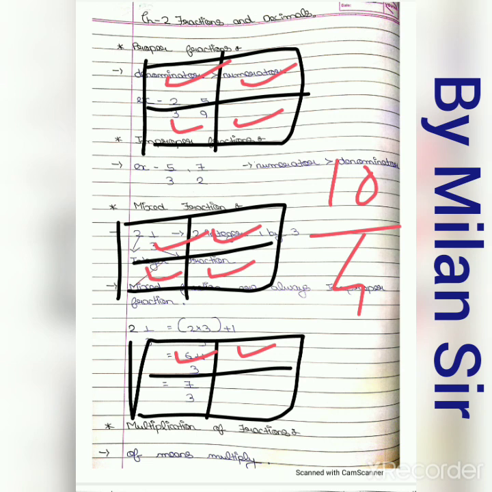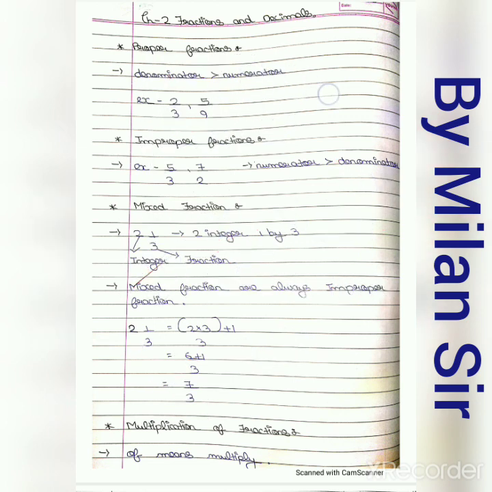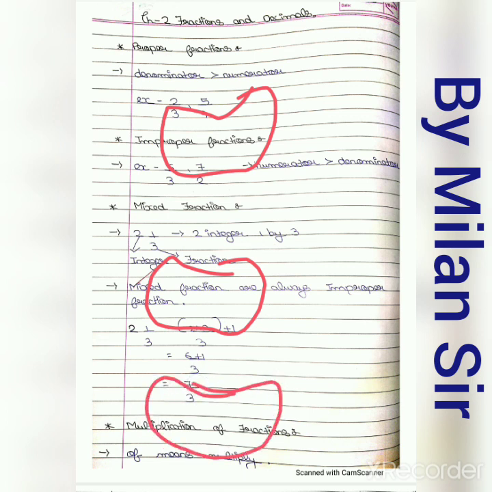It means an improper fraction is used to represent more than one whole quantity. Right? If you have more than one figure, then you need to consider an improper fraction. If you have 3 apples at your home, right, and your brother eats 2 full apples and 1 half apple, right?